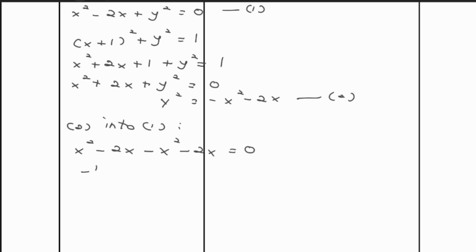So negative 4x equals 0. Then we get our x equals 0. I'm going to substitute this into equation 2, so what I have is y squared equals 0, which means y equals 0.